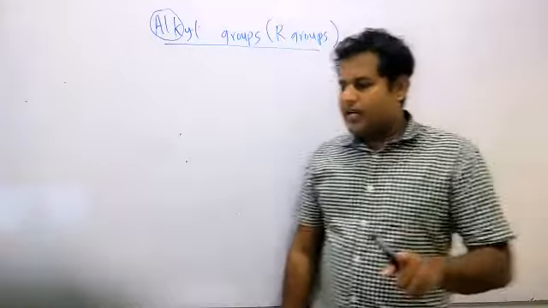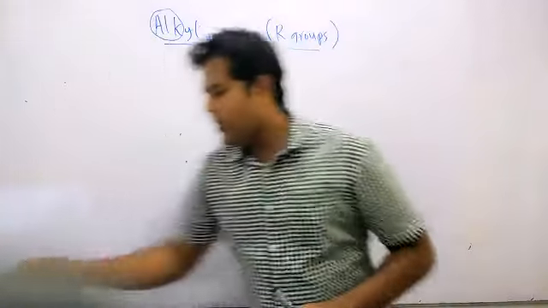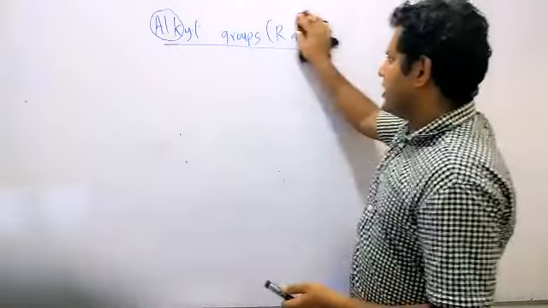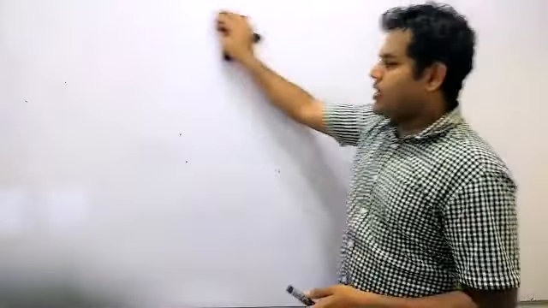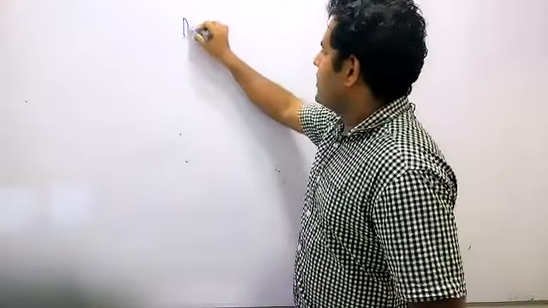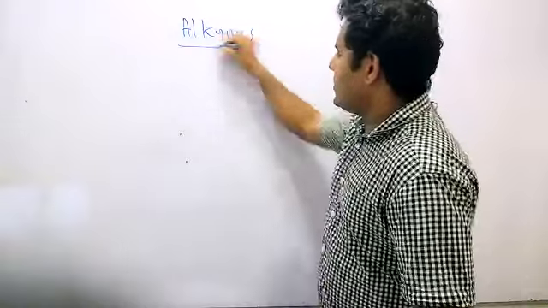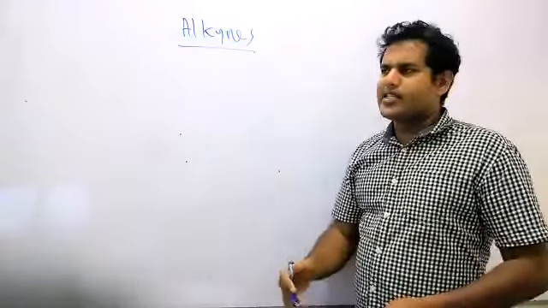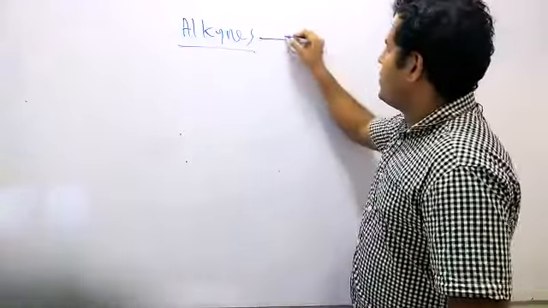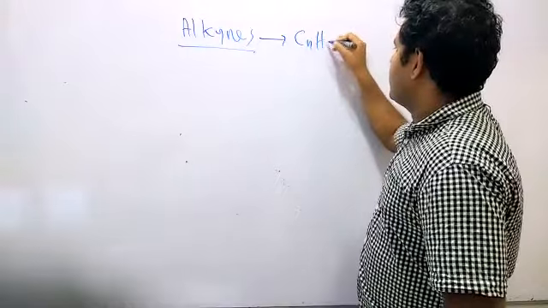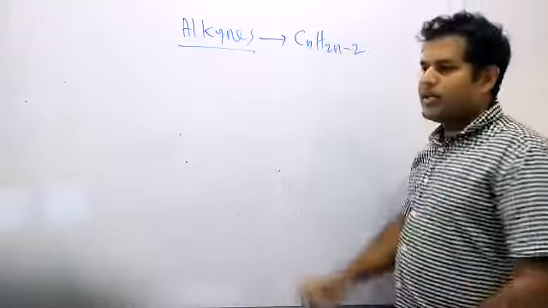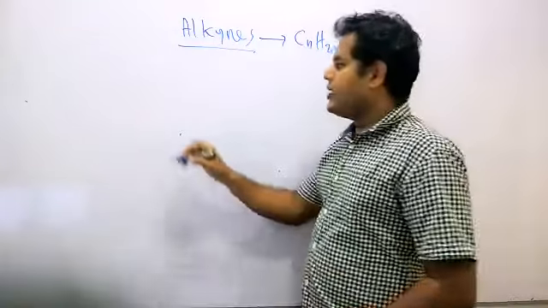But for alkynes, we should write a note. Definitely you should write a note. If you have not written any note related to alkynes, please put your own note, alkynes. It is exactly the same as alkenes. The common formula is CnH2n-2. So what's the first alkyne?